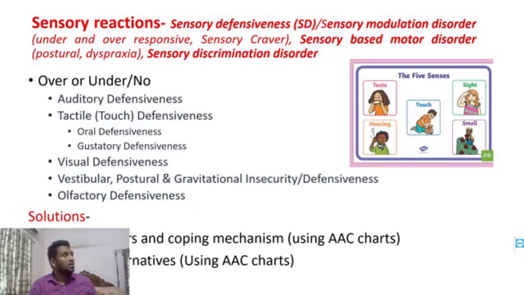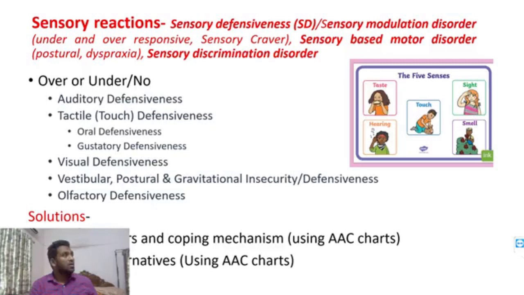Now, sensory reactions. If you divide all the sensory issues our children with autism have, you can talk about sensory defensiveness, sensory-based motor disorders like postural dysfunction or dyspraxia, and sensory discrimination. These things are overlapping. You can't exactly determine whether the child has only motor issues or only a discrimination disorder.